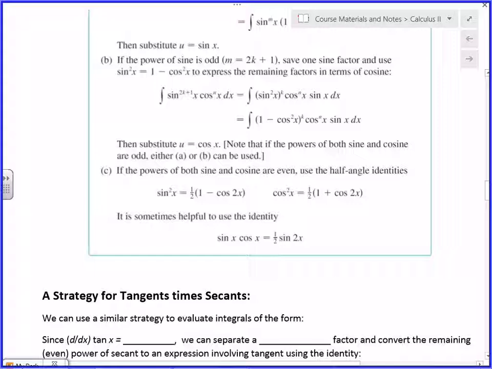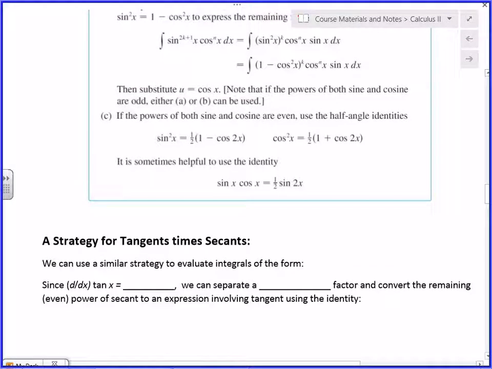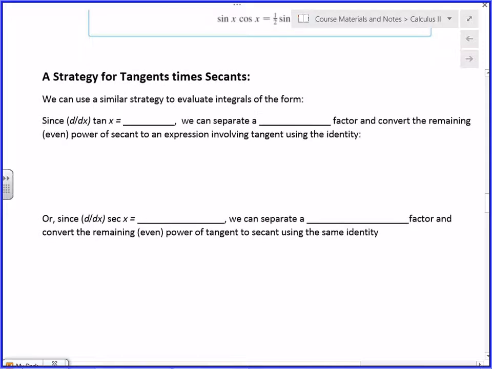Now, do we have one of those for every trig function? For sines and cosines, just that. I'm about to move on to tangents and secants. So we've only covered a third of our trig functions with these types of tricks. We won't be able to do every possible combination, but we'll do as many as we have the tools to do.